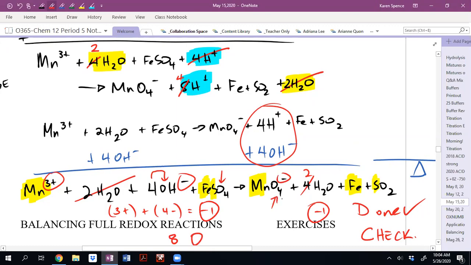On the right, we have 4 oxygens and 2 oxygens and another 2. So 4 and 2 and 2 is again 8 oxygens. Yay! You would not normally write this down. You just do it in your head, of course. And then finally, hydrogens. 4 hydrogens here. 2 times 2 is 4 hydrogens there. Yes, we're good to go.